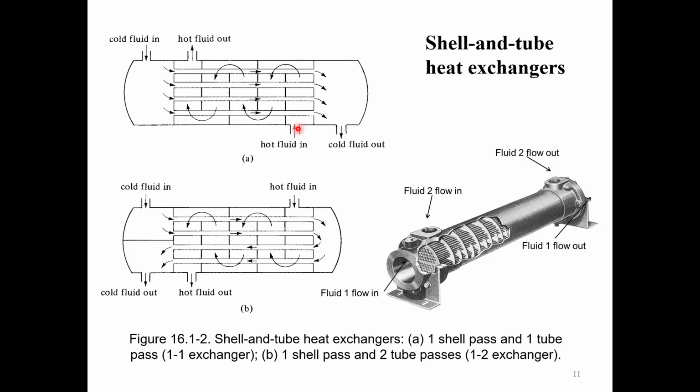That decision is based upon different factors. When you get into industries, you will get to know that. From practical experience, you will decide which one needs to flow through the tube versus the shell. For example, if a fluid is highly viscous, you don't want it to flow through the tube, because the pressure drop will be very high. In that case, preferably you have it flow through the shell side.